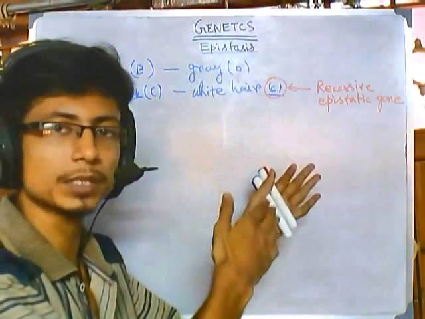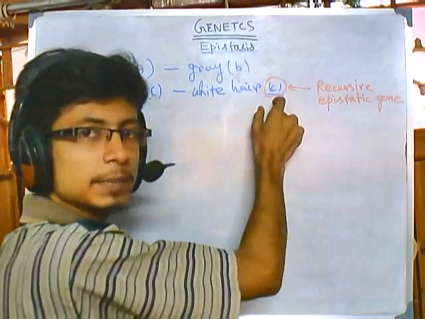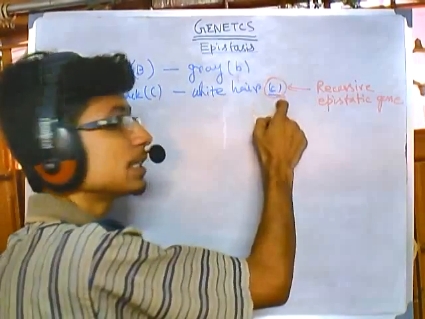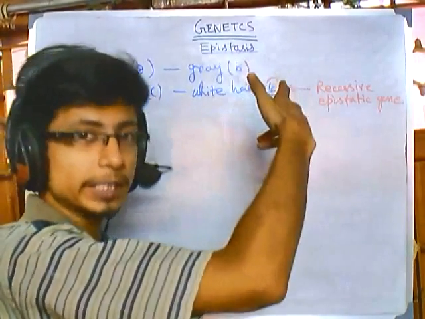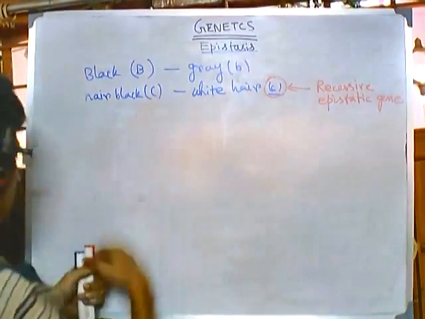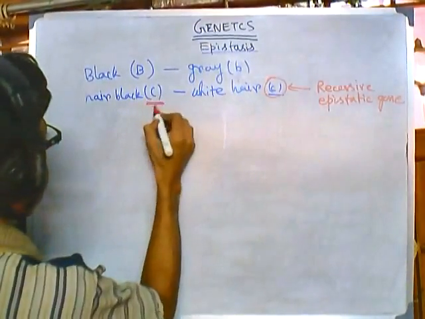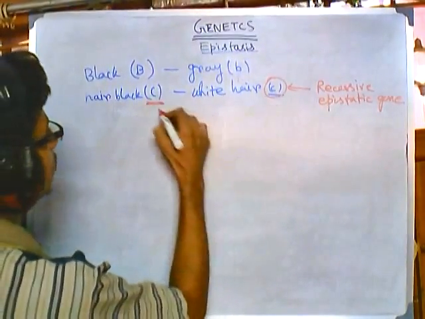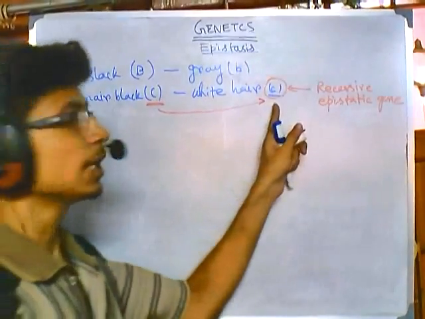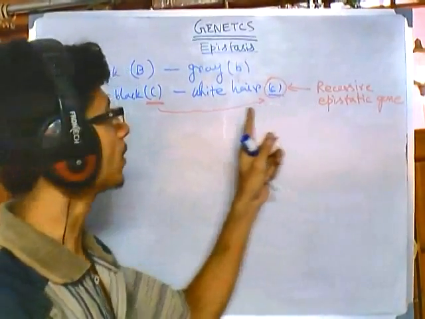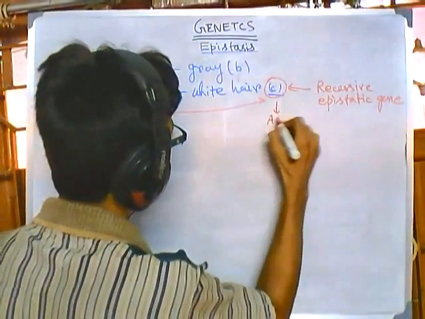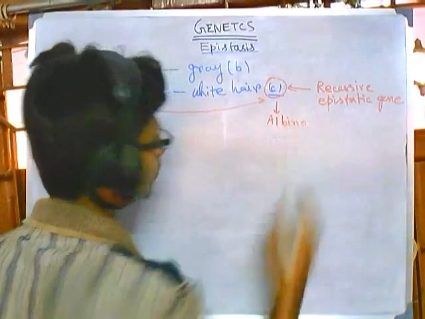So there is some hypostatic gene which is regulated by this epistatic gene. But this epistatic gene in turn is regulated by another dominant gene. Now here the dominant gene is this cap C. So this will dominate over this small c. But this small c is the epistatic one. Now this small c brings about the albino condition.